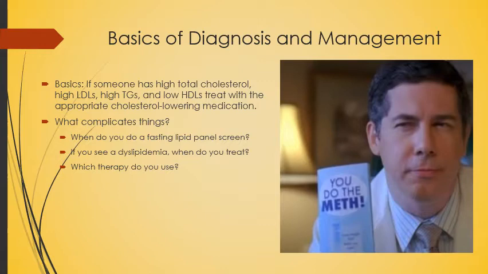The thing is, when do you screen patients? How do you know which ones you screen for? Do you screen 5-year-olds? The next thing is when you do see a dyslipidemia, when do you treat it, right? How bad does the dyslipidemia have to be before you treat? You don't treat every single dyslipidemia that's out there. And then the question is, which therapy do you use? And so we're going to talk about all those.